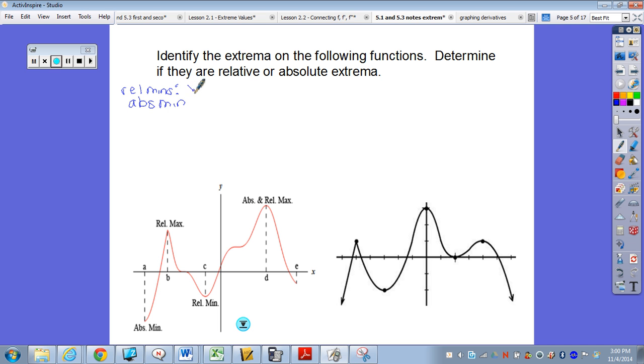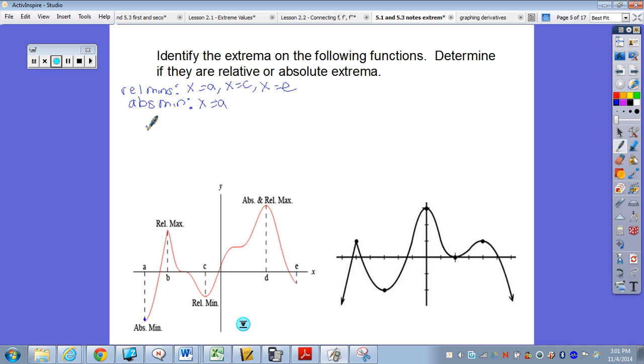So x equals a, even though it's an absolute min, is also a relative min because it's the lowest value in this area. So x equals a, x equals c, and x equals e are all relative mins. Then the lowest of them is the absolute min, which is x equals a.